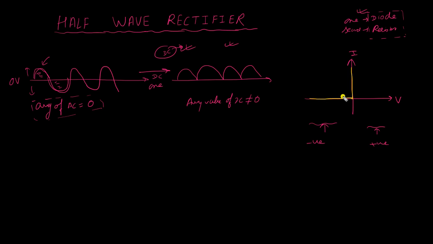Now we will find the resistance in these two regions. This is one region in which the graph is parallel to the V axis.